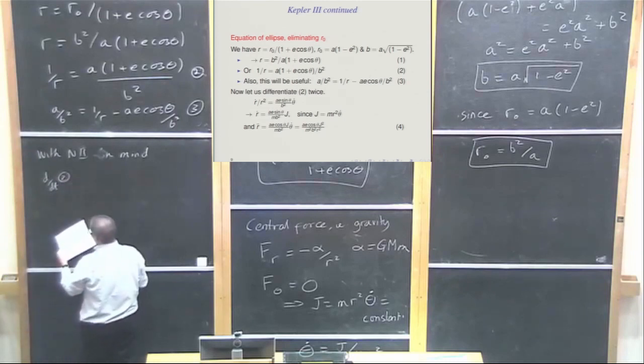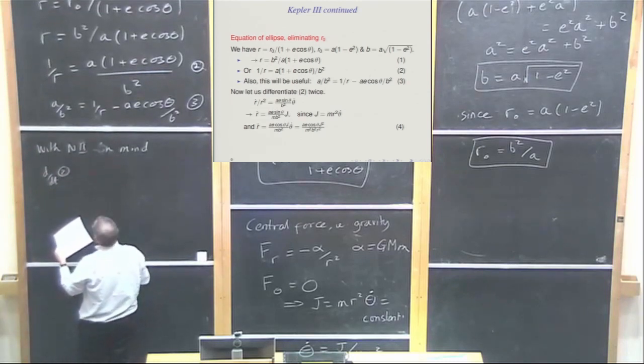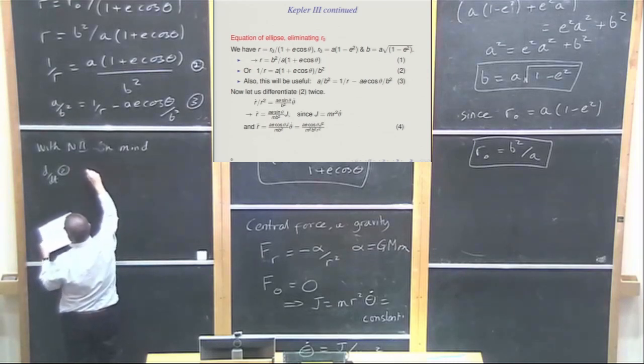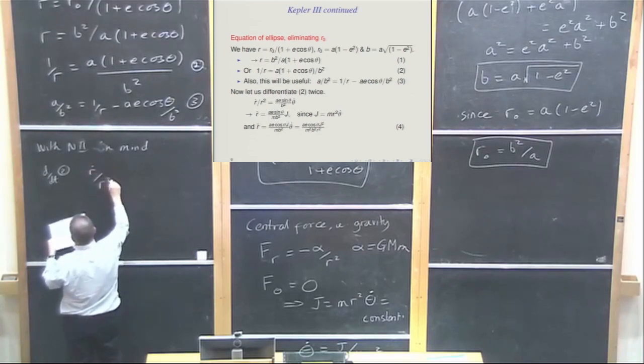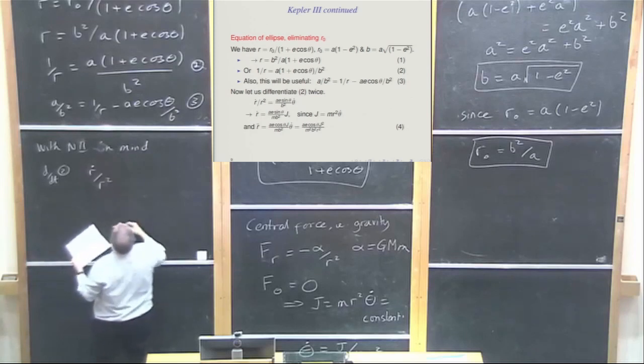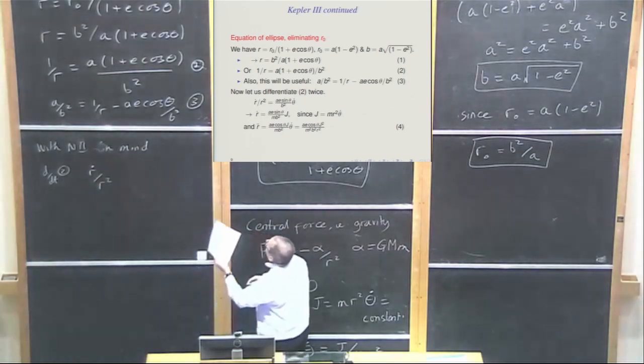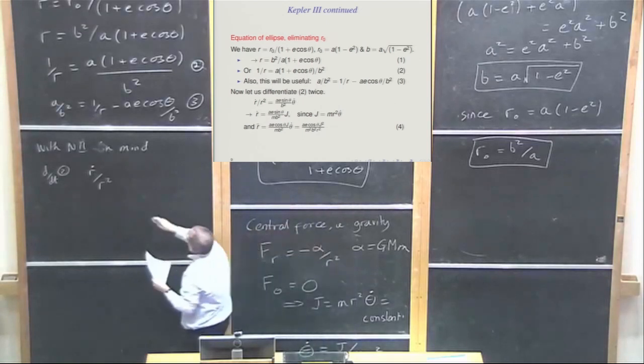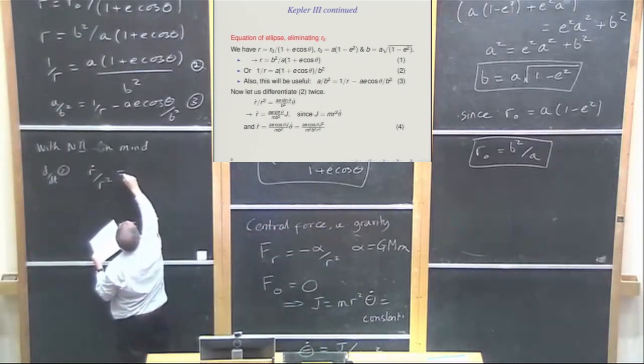with respect to time, and we get, therefore, r dot over r squared. Okay, we get a minus sign, I know, but we're going to get a minus sign on the right-hand side, so I'm going to cancel that as we go along.